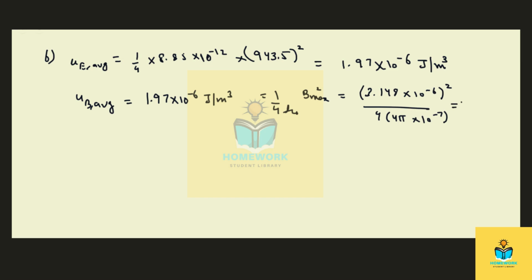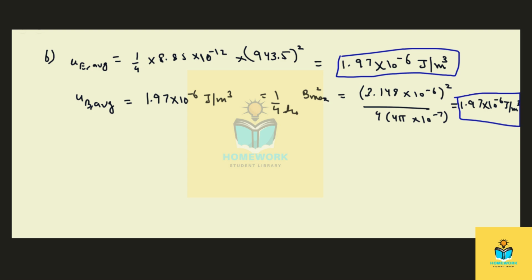So this gives us 1.97 into 10 raised to minus 6 joule per meter cube. So this is your answer for electric and magnetic field energy density. We know that mu naught is equal to 4 pi into 10 to the minus 7 Tesla meter per ampere. So using this we have this answer. So both are the same, so both are equal.